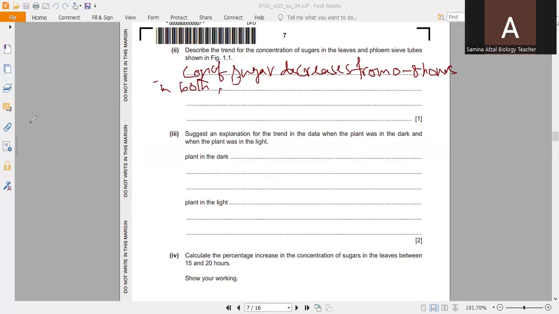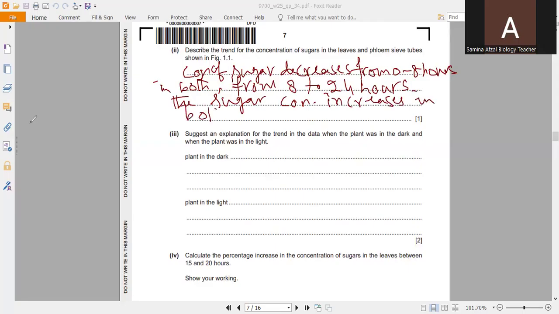Then from 8 to 24 hours, the sugar concentration increases in both locations.